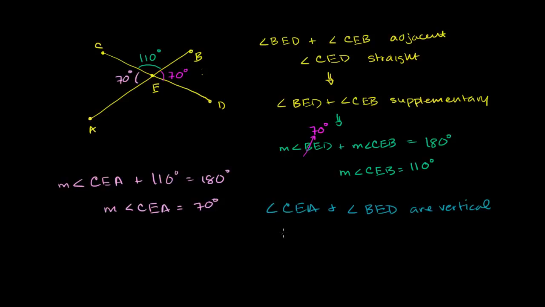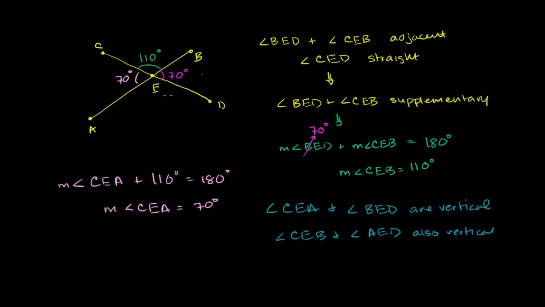So let me write that down. Angle CEB and angle AED are also vertical. And that might even make a little bit more sense because one is on top and one is on bottom. They're kind of vertically opposite from each other. But so are these horizontally opposite angles, also called vertical angles.